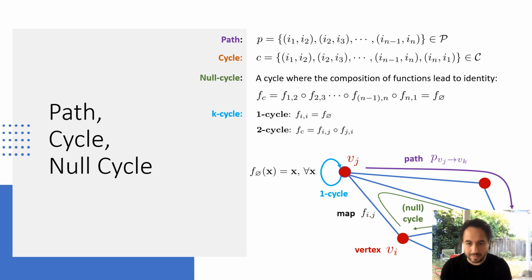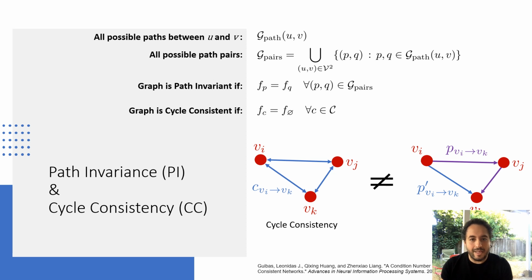Cool. And I will define another entity which is less known in computer vision, which is path invariance, and the importance of this is understood recently with the neural networks especially. So let's have a look at the difference. Let's imagine all possible paths between a vertex u and vertex v.